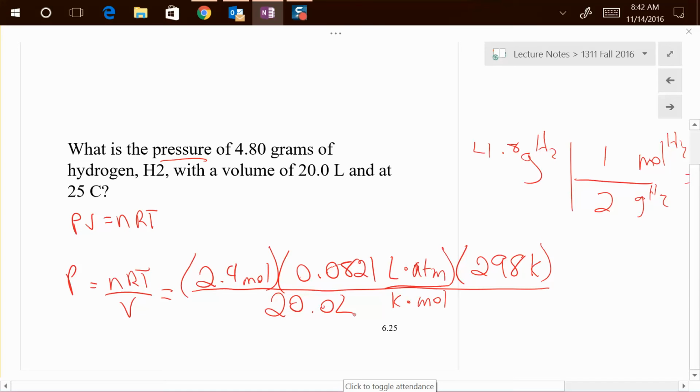That's right, you do. In the other laws, I don't have to do that. Why do I have to do that here? Because liters is in my constant. Exactly. If this was in milliliters, they wouldn't cancel, right? So your volume does have to be in liters. Your temperature has to be in Kelvin. Your moles cancel, and you're left with atmospheres. So this is how I would set this up to solve with the ideal gas law here.